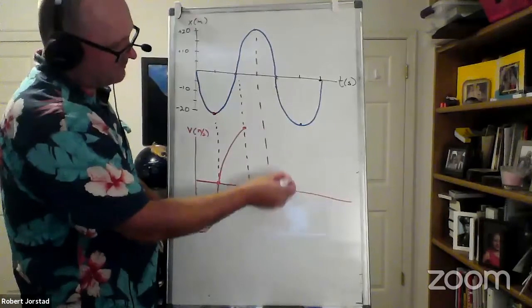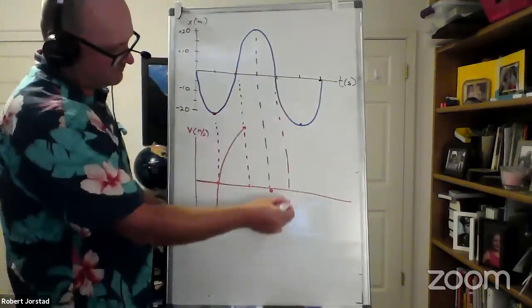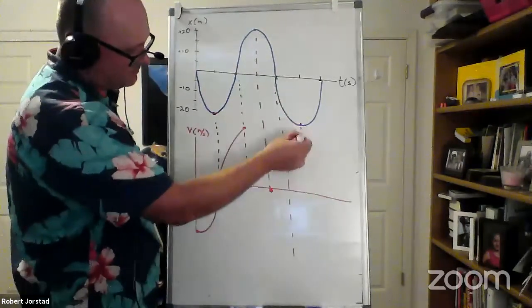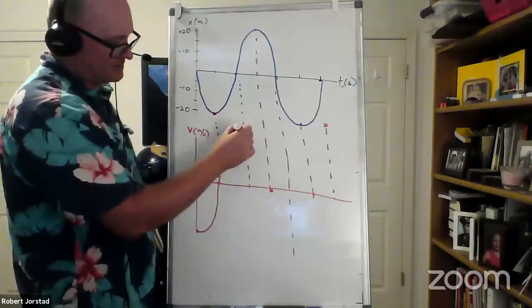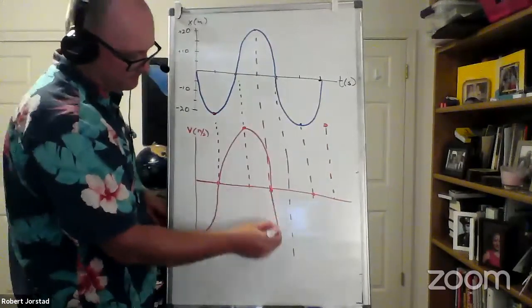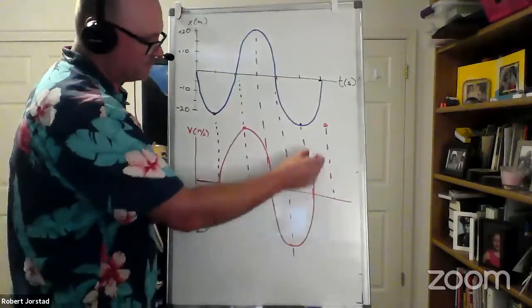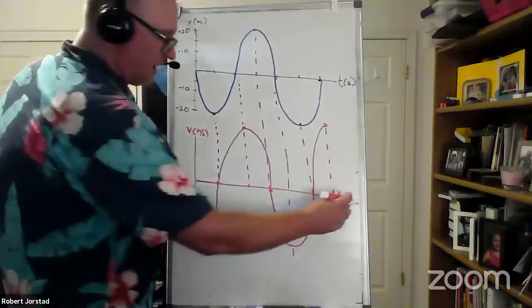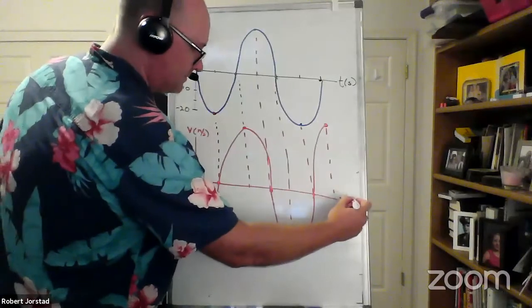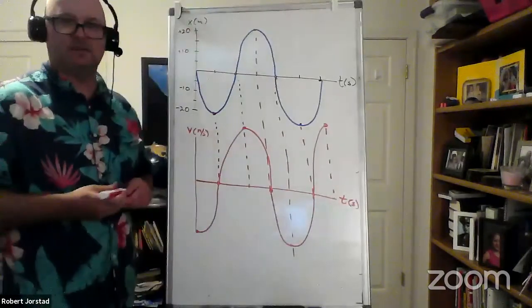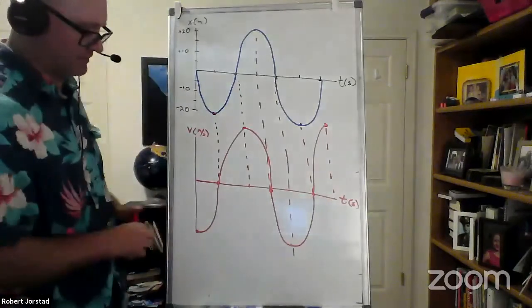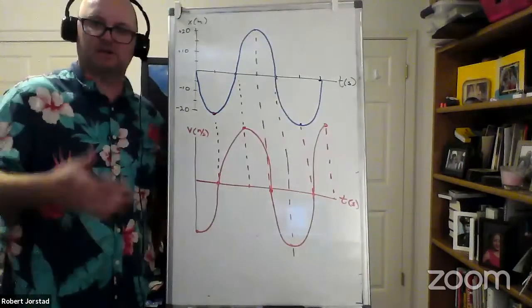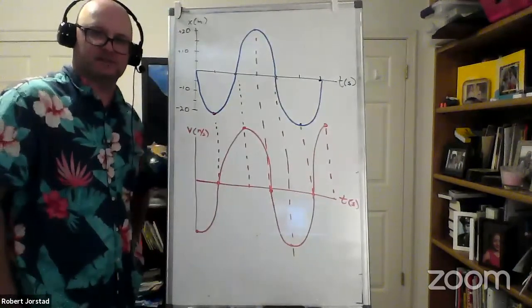Back to negative. Back to zero. Back to positive. I'm just kind of sketching this out. So that would be the VT plot. And then you could take the slope of this to get the acceleration plot, and so on. You're off to the races. Hopefully that gives you a little bit of an idea of what this thing is looking like.